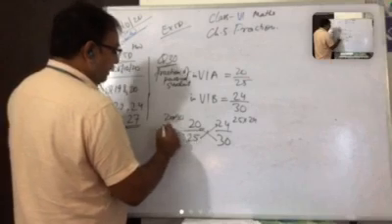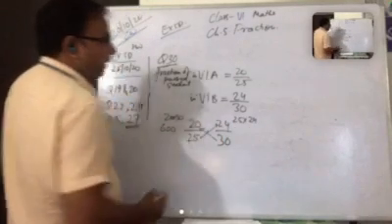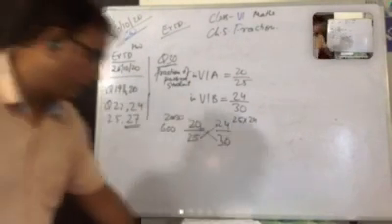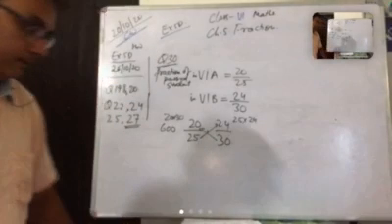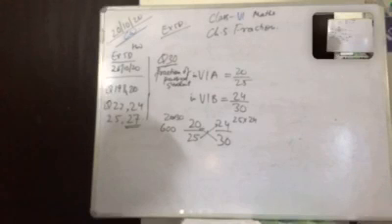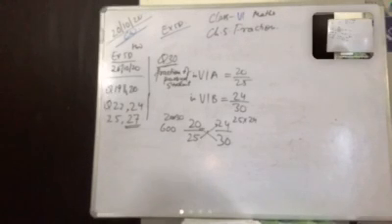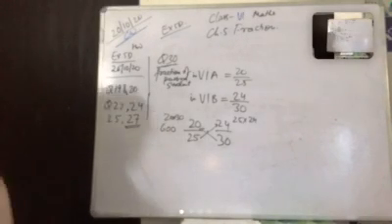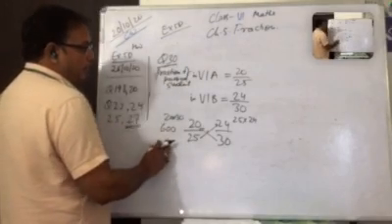So 20 times 30 is 600 and 25 multiplied by 24 is 600, and 20 times 30 is also 600.